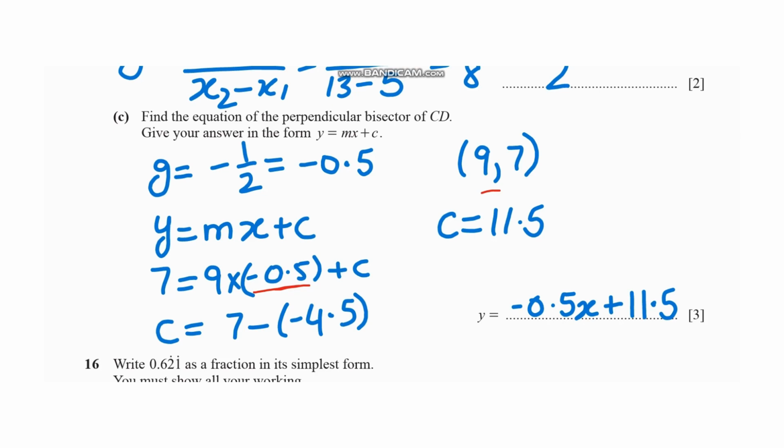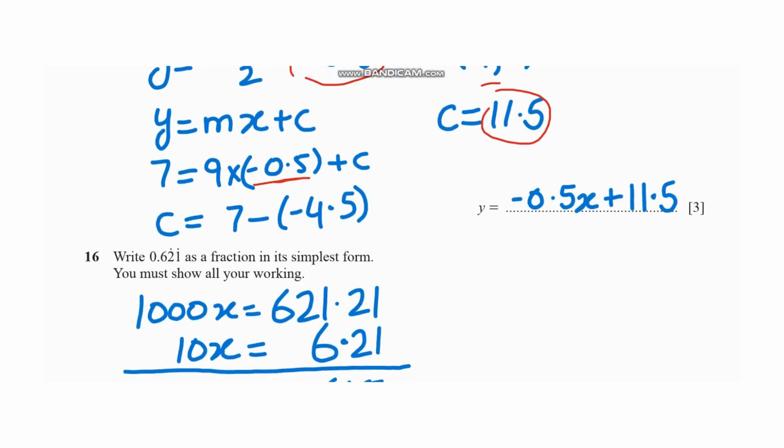So 9 multiplied by minus 0.5 plus c. So c is equal to 7 plus 4.5, and the value of c is 11.5. Here we have the gradient, which is minus 0.5, and the value of c, that is 11.5. So the equation is y is equal to minus 0.5x plus 11.5. So this will be the final answer.